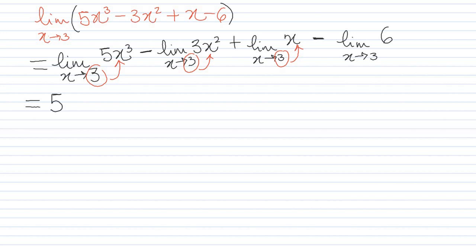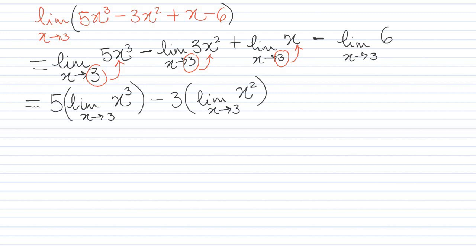We're going to have 5 multiplied by the limit as x goes to 3 of x cubed, minus 3 multiplied by the limit as x goes to 3 of x squared, plus the limit as x goes to 3 of x, minus the limit as x goes to 3 of 6.